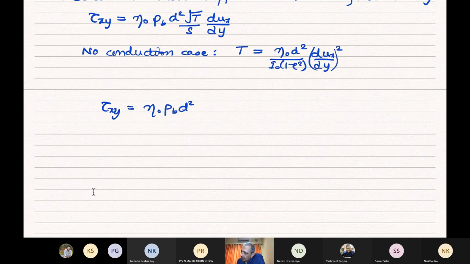Now instead of this, I can essentially put in the constant over here, which is just eta 0 d squared divided by I0 into 1 minus e squared raised to the power of half, and then dux by dy squared raised to the power of half, which actually gives us the modulus of dux by dy times dux.